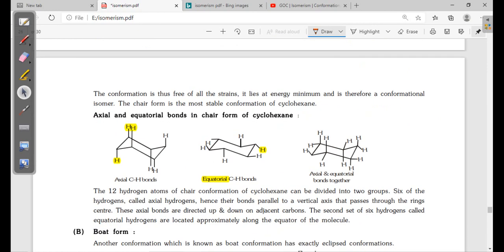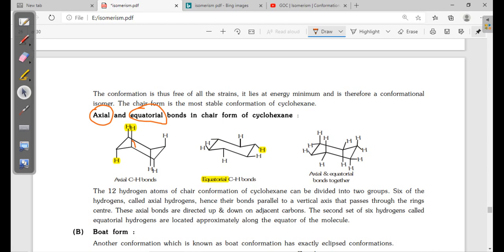So in the chair form, two things you have to know: axial hydrogens and equatorial hydrogens. Axial hydrogens are exactly perpendicular, so more strain is there in case of axial. Equatorial is away from the main structure, so less steric hindrance, that is more stable.